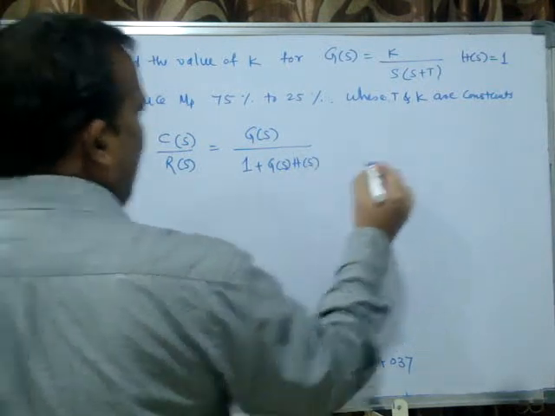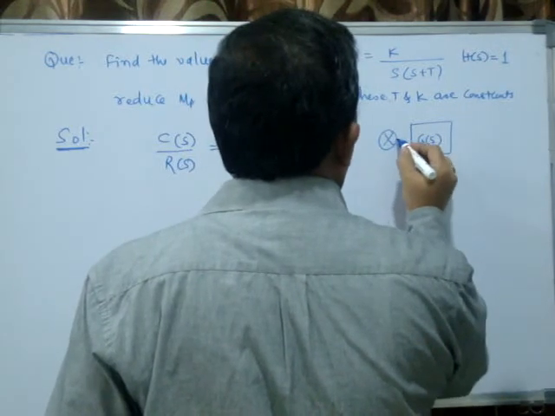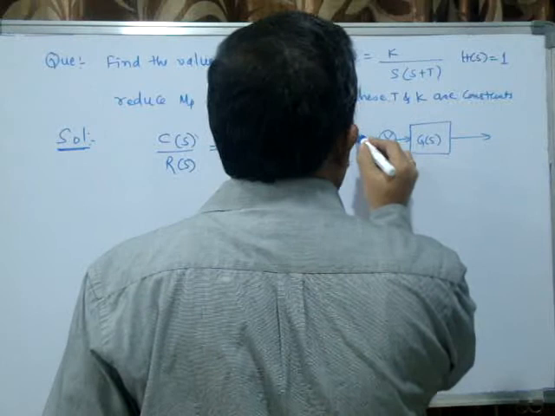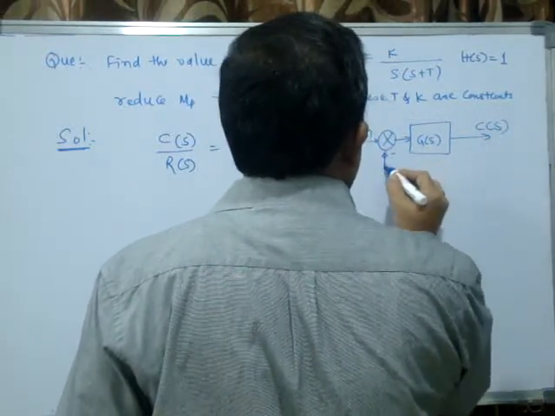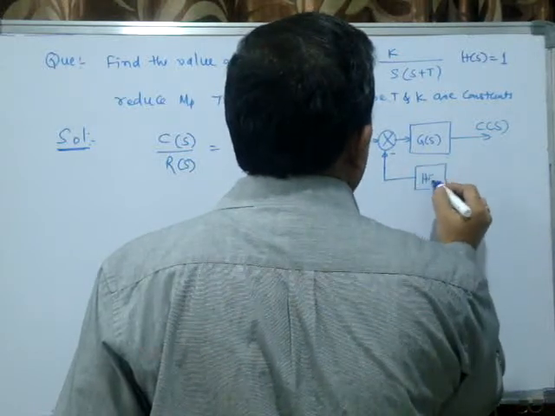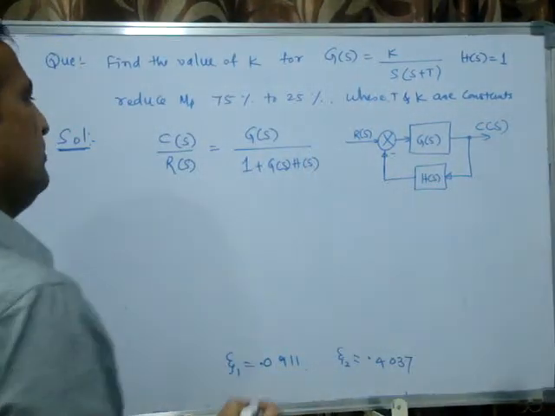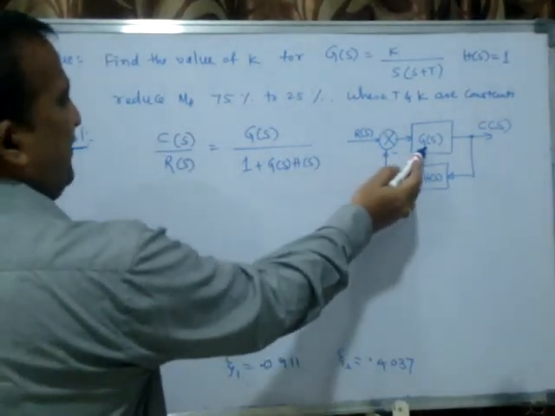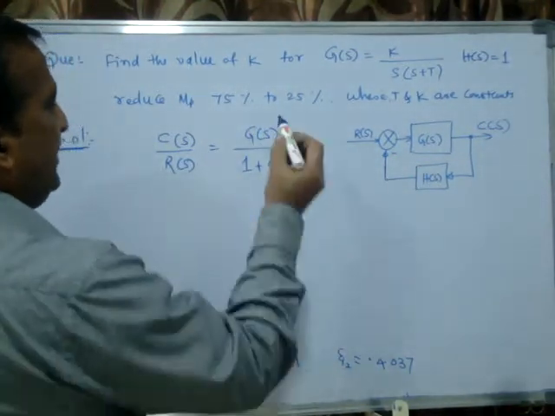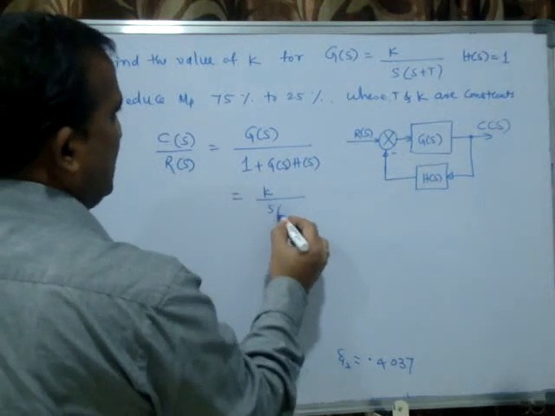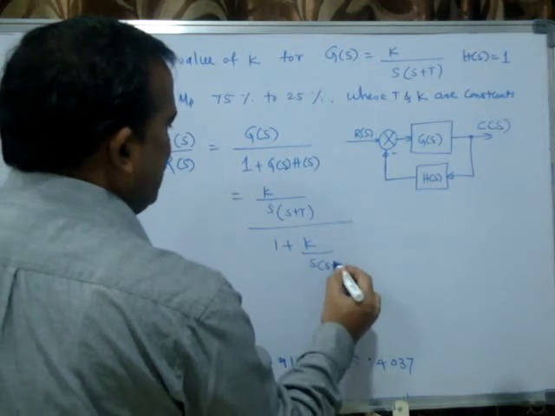This is the standard formula, because suppose this is G of S, this is R of S, C of S, this is minus, this is H of S. It is called a minor feedback loop. Whenever there is a minor feedback loop, here if this is a minus, then feed forward element divided by 1 plus feed forward element into feedback element. Here I know the G of S value, it is given in the problem, and H of S is also given.